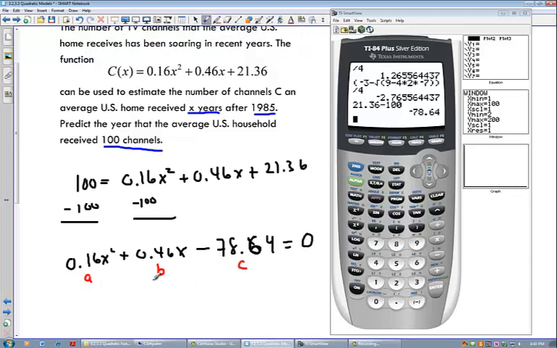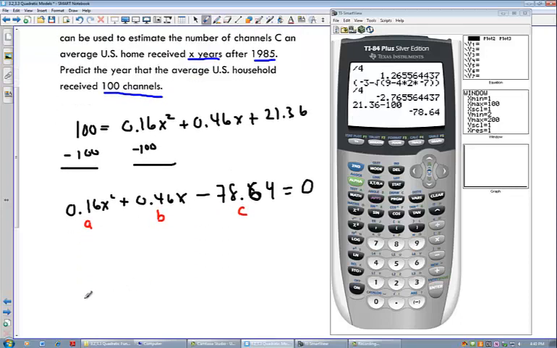And so we have x is equal to, and to copy down the formula, it's always good, negative b plus or minus the square root of b squared minus 4ac, all divided by 2a. And we simply plug in here.